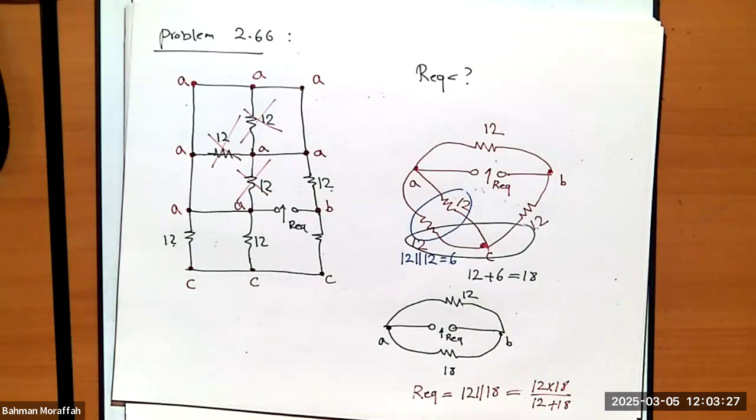There is a possibility that you may get a question on delta-Y, but it's very simple because you just need to convert from delta to Y or Y to delta, most likely delta to Y, and then the rest is going to be very easy, pretty much like the examples that we did in class. But this time, the resistors might not be the same value. It doesn't really matter, because we know the formula. So have that written down on your cheat sheet.